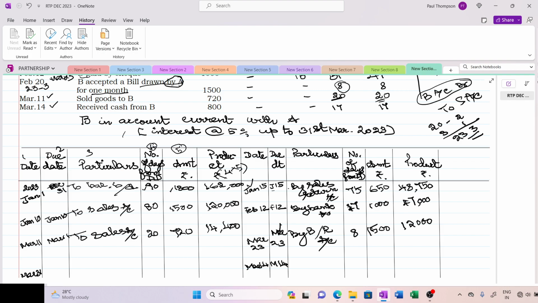So now moving on to the next item. On March 14, received cash from B. So B is the giver. Simply go to this side, by cash account. How much he has given? 800 he has given. On which date? March 14. There is no due date.